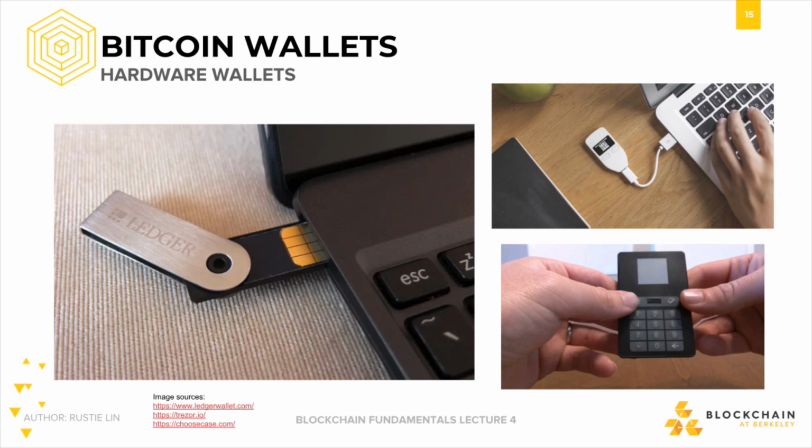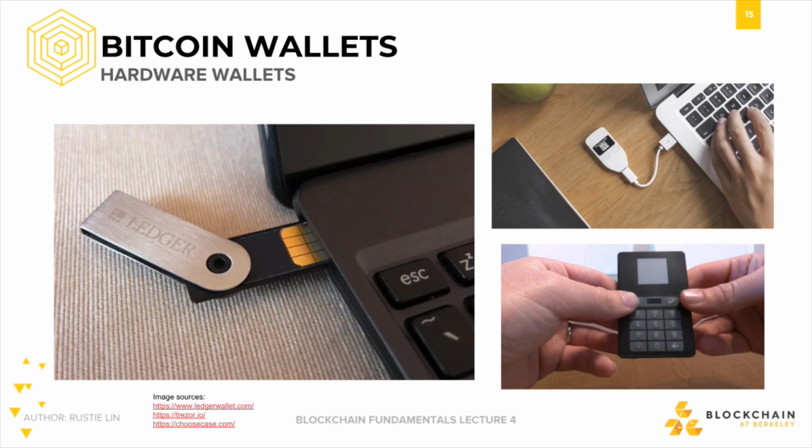So these are small devices that connect to your computer. The idea is that your computer can connect to the Bitcoin network and interact with the Bitcoin network, but then this small device, or this piece of hardware, stores or manages your private keys. And whenever you need to send a transaction, what this device does is it signs the transaction that you need to send and through the network.